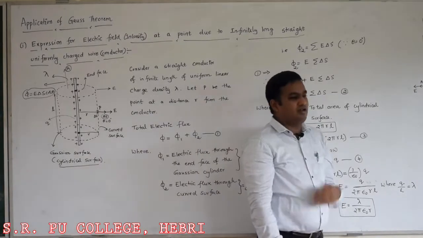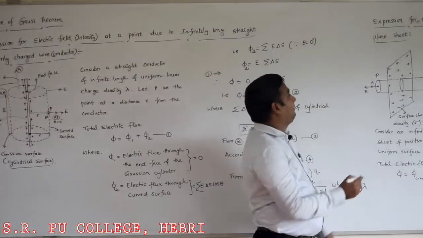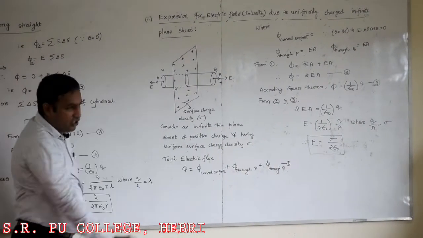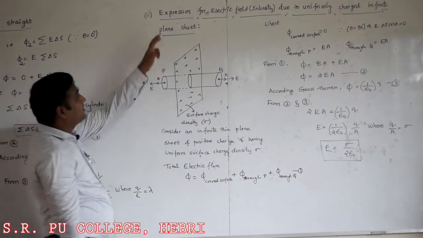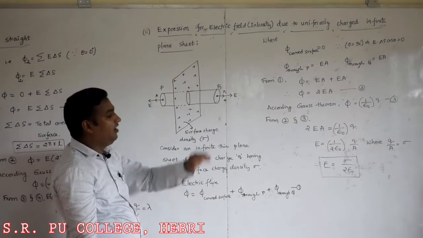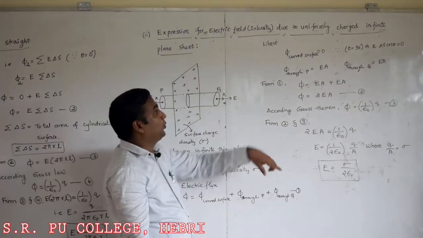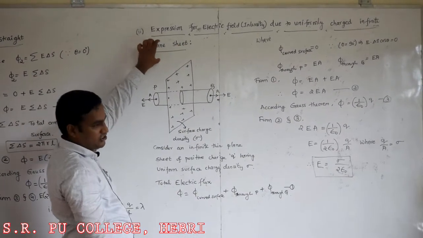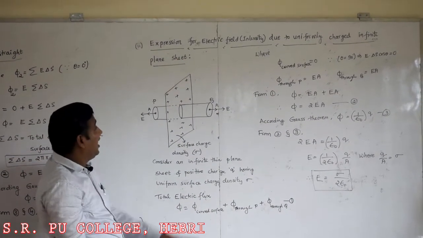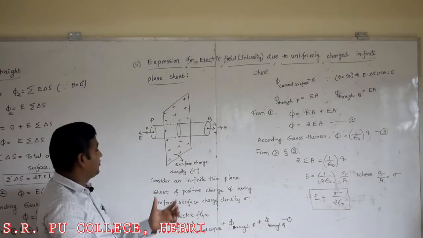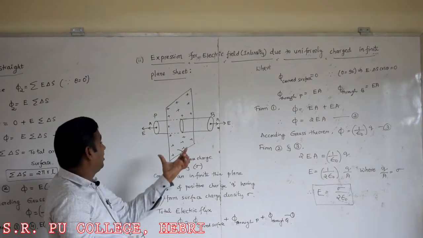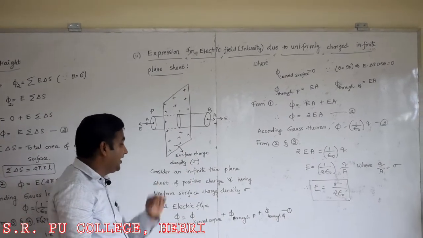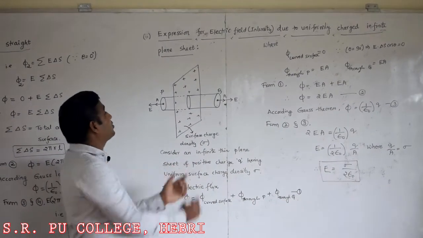Now, continuing this concept, the next important application, the second application of Gauss theorem, is the expression for the electric field or intensity due to a uniformly charged infinite plane sheet or plane surface. In this case, we consider an infinitely thin plane sheet of positive charge.